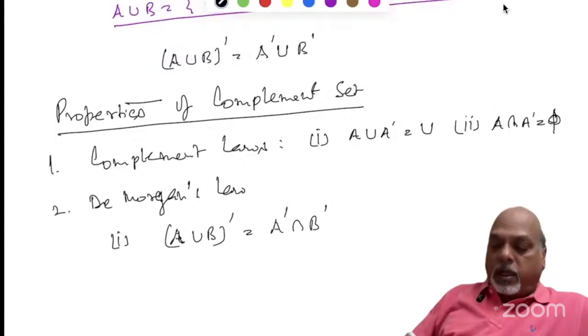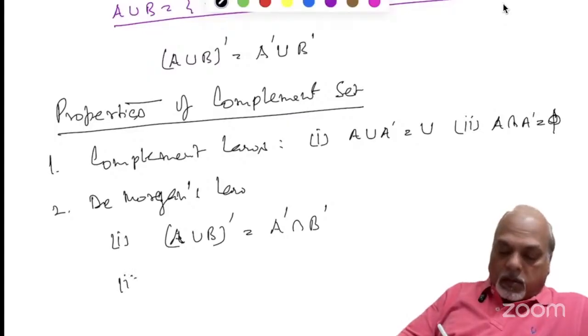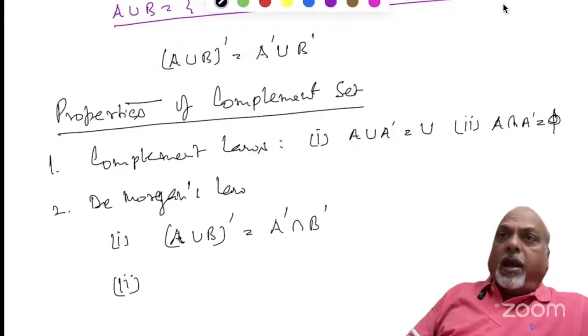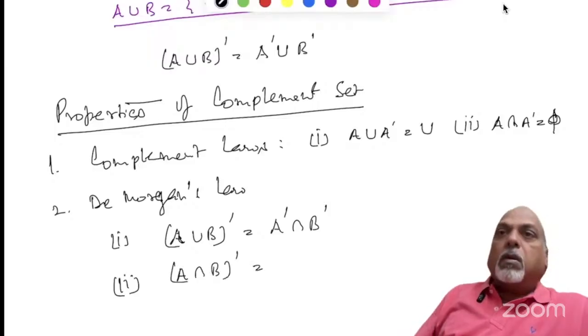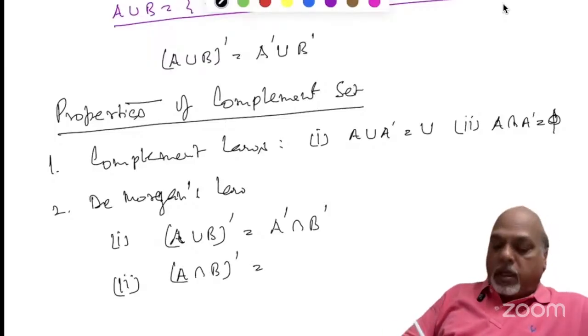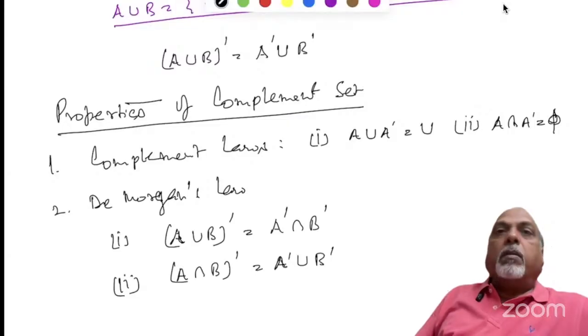This we have seen earlier. And the complement of A intersection B will be nothing but A dash union B dash. Correct.